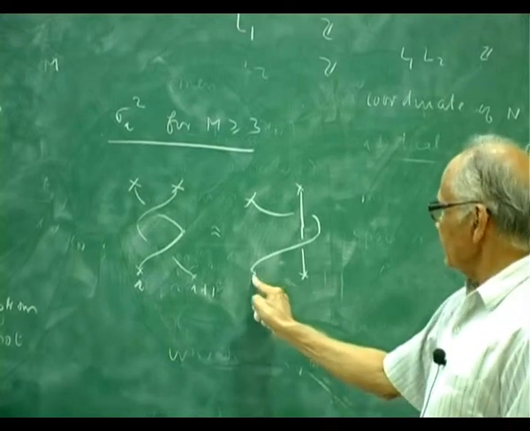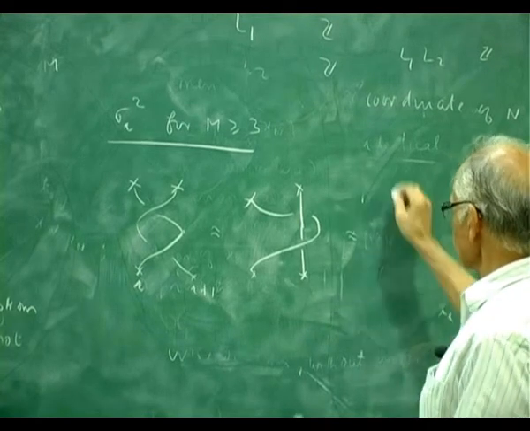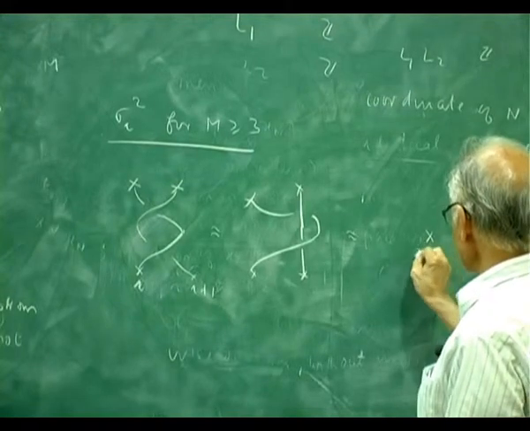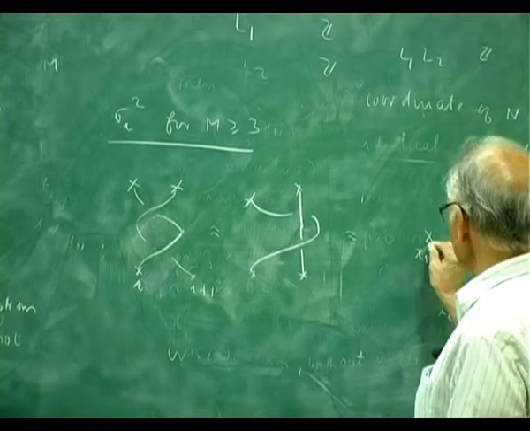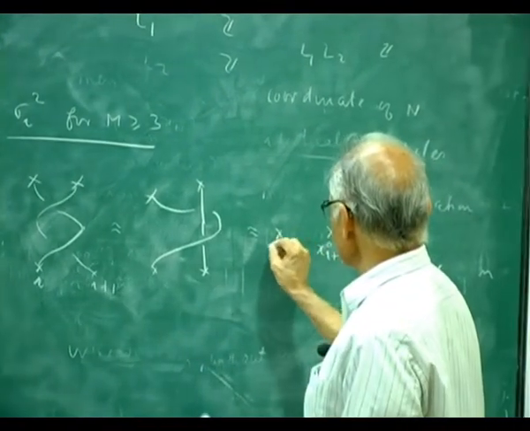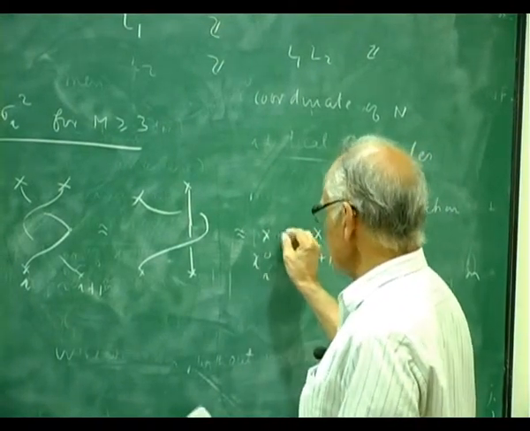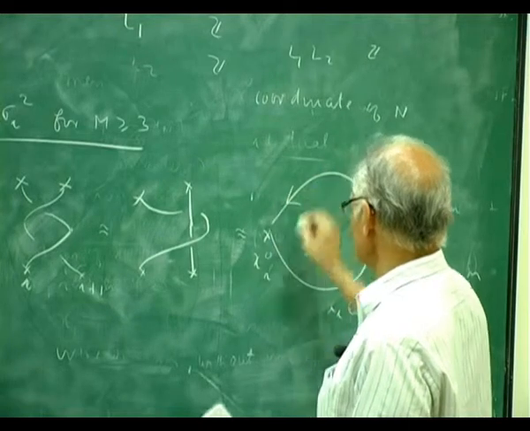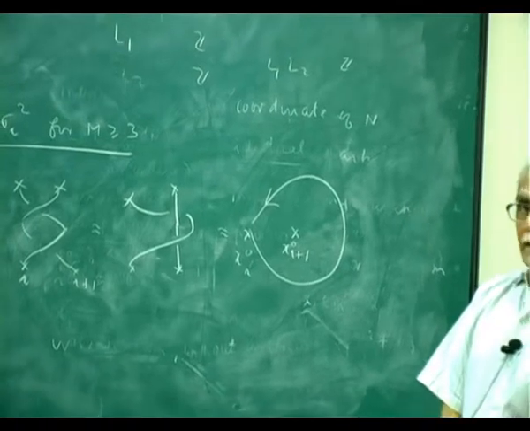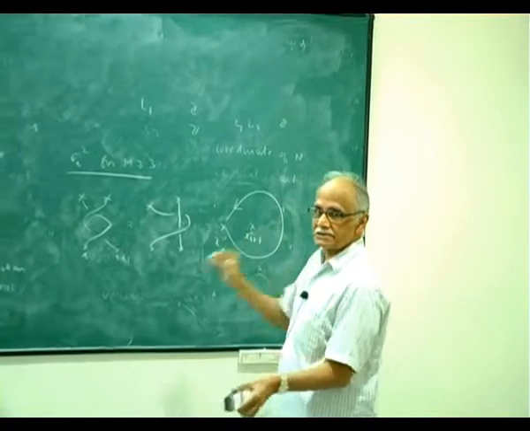So what I have done is, this is equivalent physically in 3 dimensions. I got this i plus 1 coordinate, x i plus 1, and this point has started at x i and gone right around. In 3 dimensions, I can take it out of the plane and shrink it to a point.